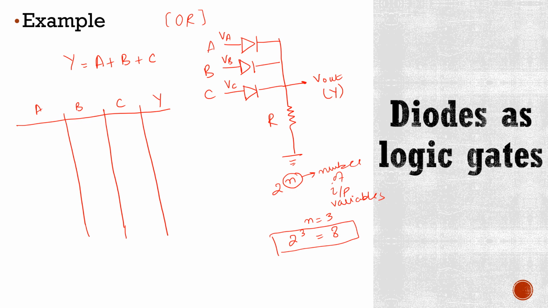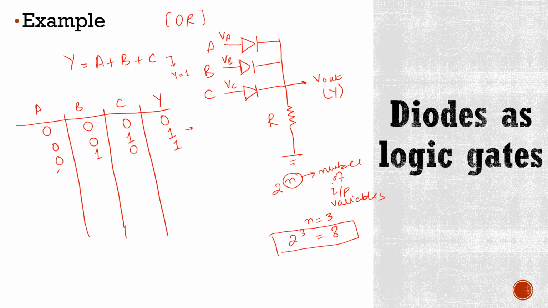What will be the first combination? First, we assume that all the inputs are off, so the output is off. Now, if input C is on and the others are off, then output is on, because if you put these values in this equation, you get Y is equal to 1. Similarly, if input B is on, A is off, C is off, then again output is on.